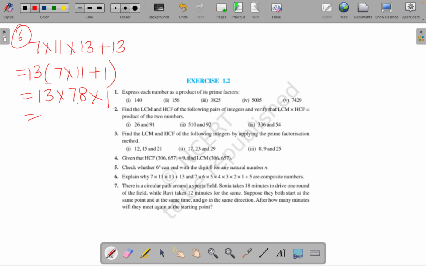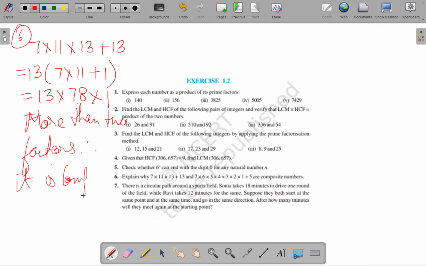So since this number has more than 2 factors, therefore it is composite. Okay, same way you have to do this also. You can take 5 common, right?